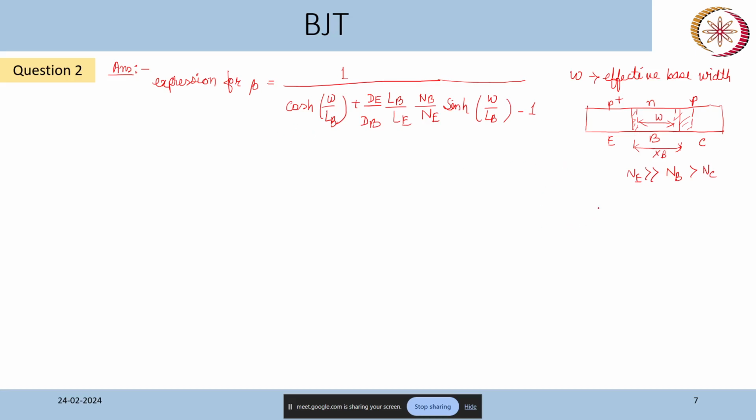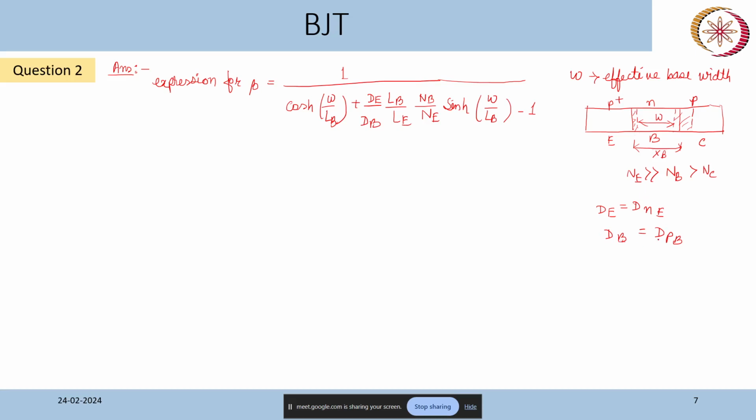So here DE is the diffusion coefficient in the emitter region, and if it is a PNP transistor, that is for electrons, because electrons will diffuse from the base side to the emitter side. So this is DNE. Similarly, DB is DPB. Holes from the emitter side will move to the base side and diffuse.